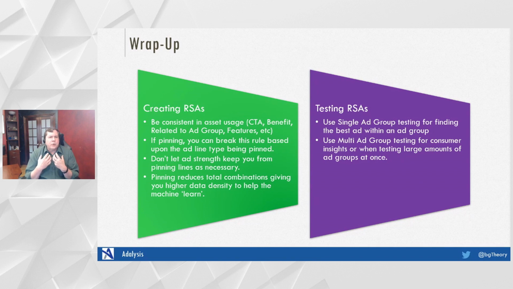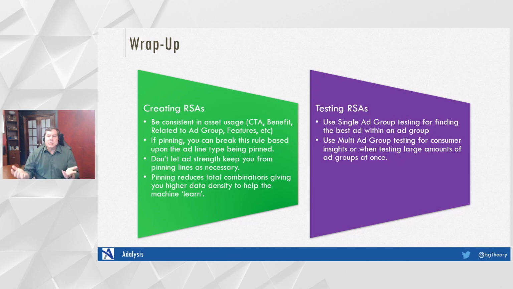But you still get to control the framework then. You can have that ETA experience, and ETAs did really well, saying headlines related to the ad group, call to action, authority, or supporting headline 2. So that's what pinning gets you. Right? You get a framework of limited options while still using machine learning.